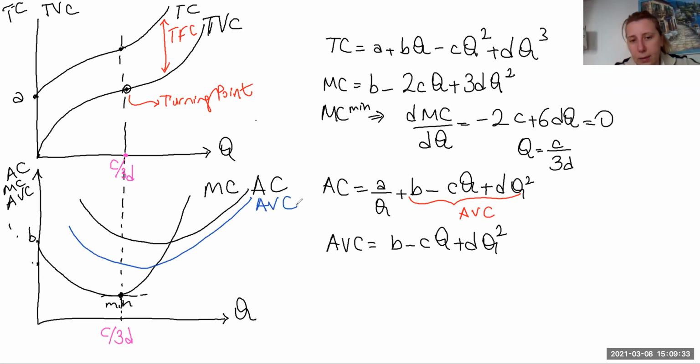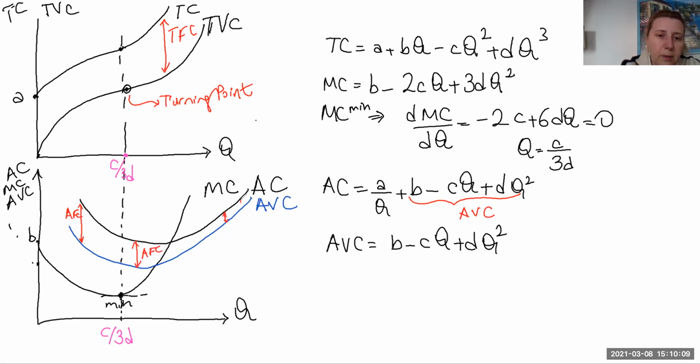Please try to see that average cost and the average variable cost are not parallel to each other. The vertical difference between average cost and the average variable cost is average fixed cost, right? The vertical difference between these two is total fixed cost, and the vertical difference between these two is average fixed cost. And it just decreases while the level of output increases. Please try to see that.